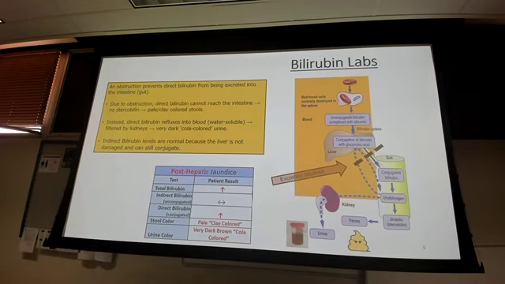So there's a backup, if you will, in direct bilirubin because the hepatocytes are not functioning optimally. So it's not processing it as fast, but it's still processing it. So we still have direct bilirubin. It is still processing it, but it has a hard time pushing it out to the gut. The liver cells are not working like they should.